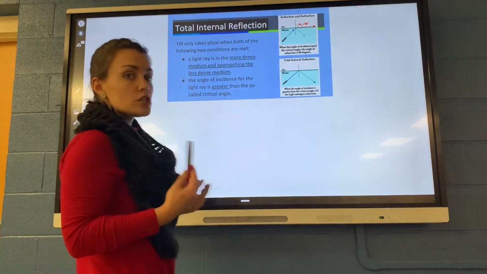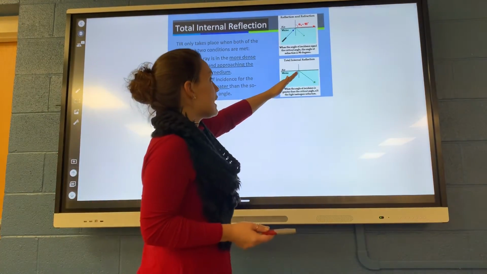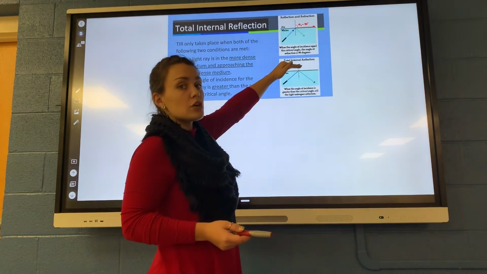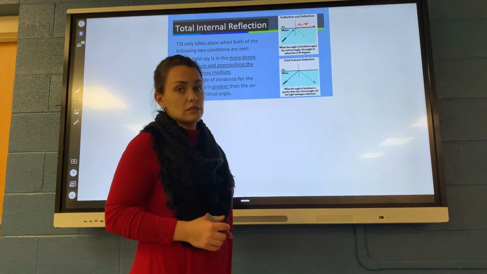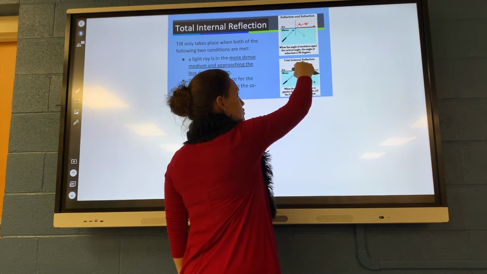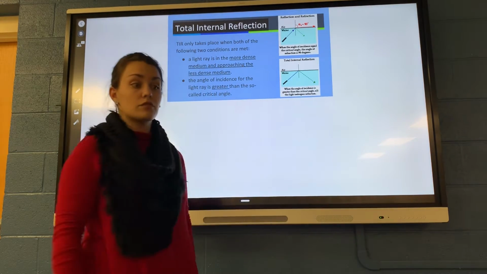And in order to achieve total internal reflection, we have to pass our critical angle, so our angle has to be greater so that everything is reflected, all right? Before the critical angle, it still shines through. Once we hit the critical angle, everything is reflected.